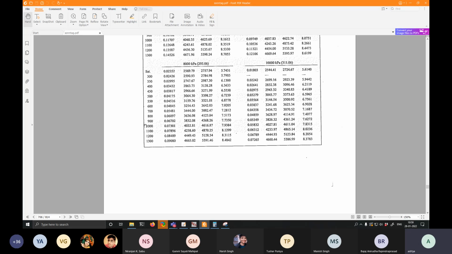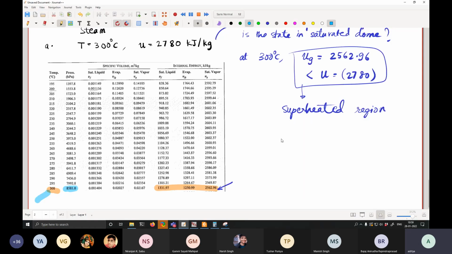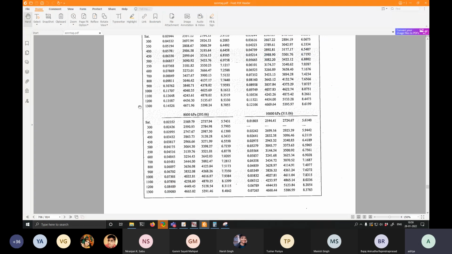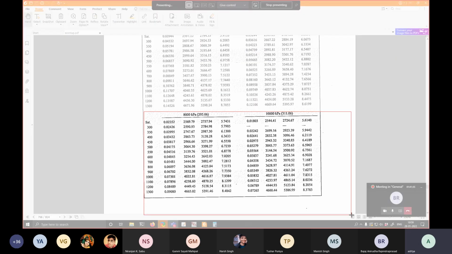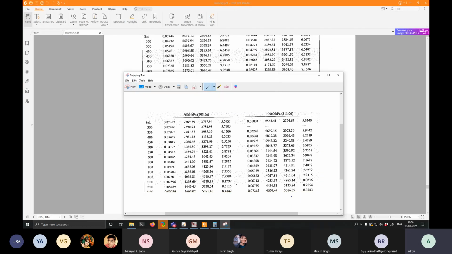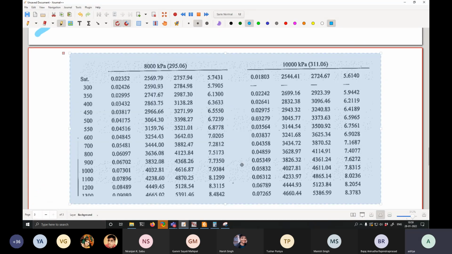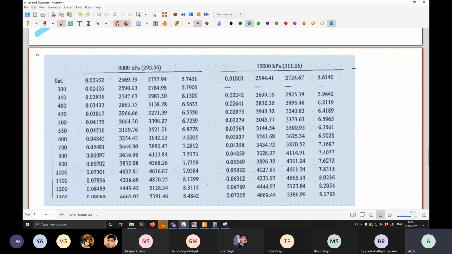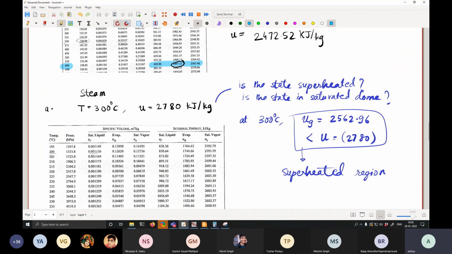I mean, is the question right? Such a high pressure. So let's look at the internal energies over here. The one that we want is 2780 kilojoule per kg. So we will take a screenshot of this, put it over here, and let's also grab our problem.